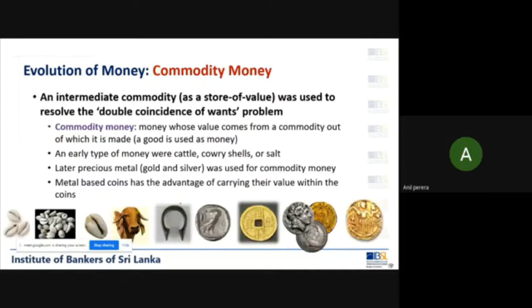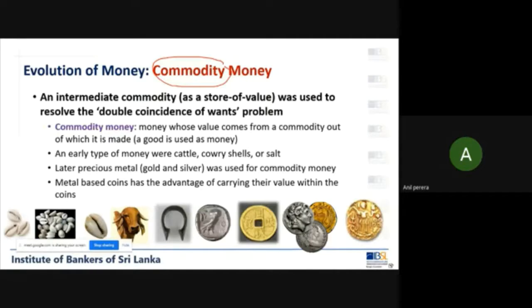So how did this intermediary come into the transaction? People used a commodity to support this transaction. Without directly exchanging, people now introduced a commodity.